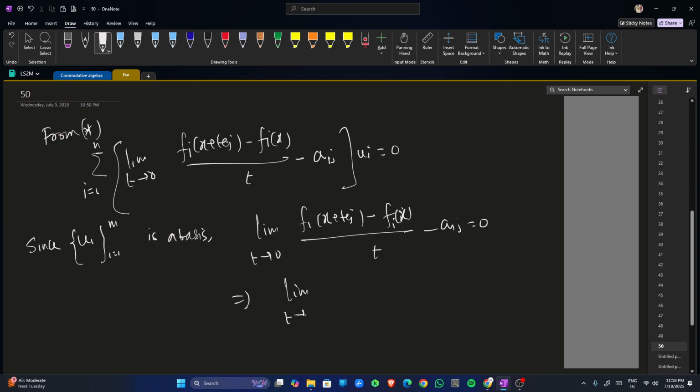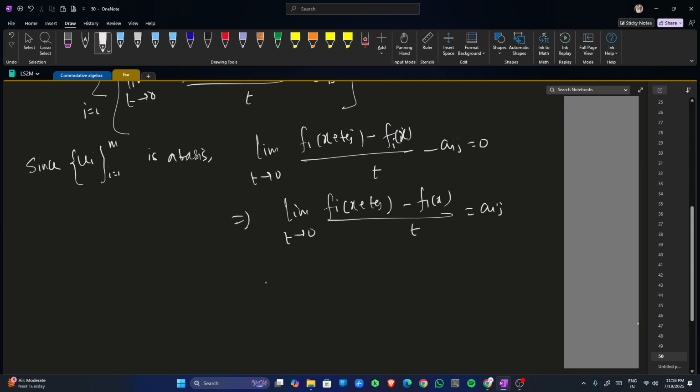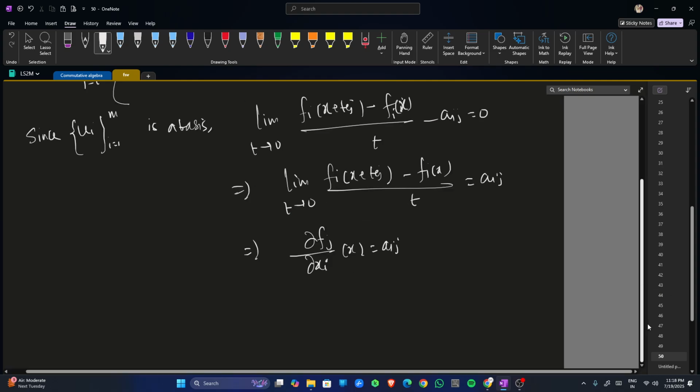This plus the limit t tending to 0 of fi of x plus t ej minus fi of x, the whole divided by t, this is aij. So by definition this is del fi by del xj at the point x. Yes, this is aij.